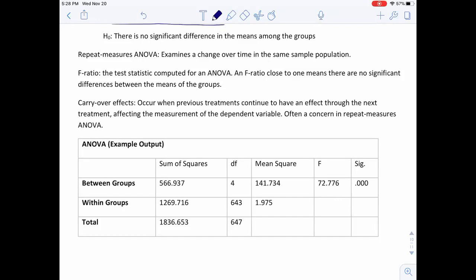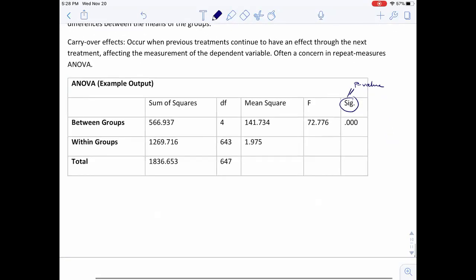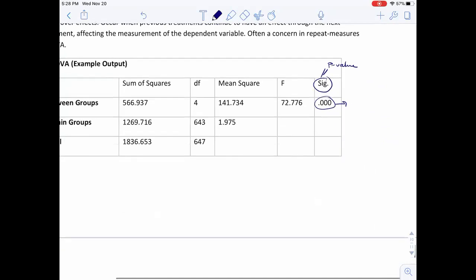Our sig in all these outputs is our p-value. .000 is approximately 0, but it's not 0.